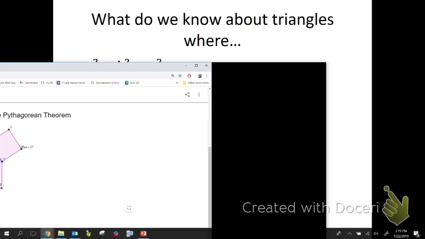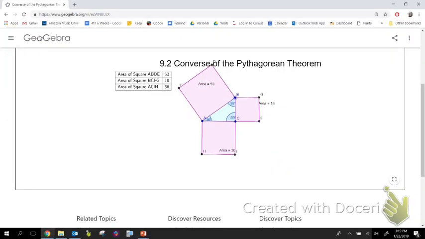Once again, we can look at it by going back to having my right triangle, changing that back to 90 degrees. What happens if I play with this one? Notice if I move this up and make it more acute, it reduces the area of the square off the hypotenuse and increases the area of the square off this leg.